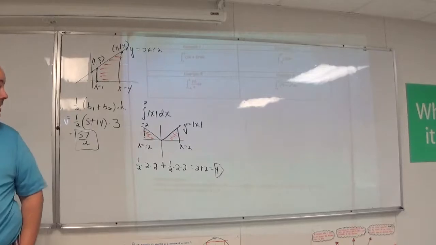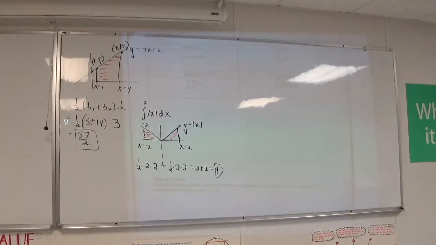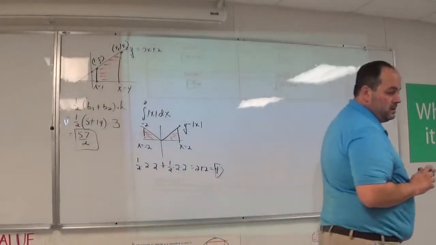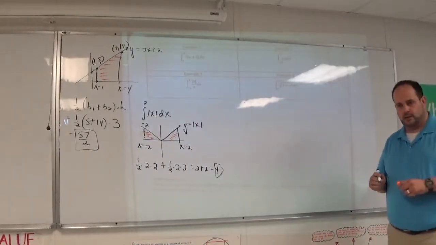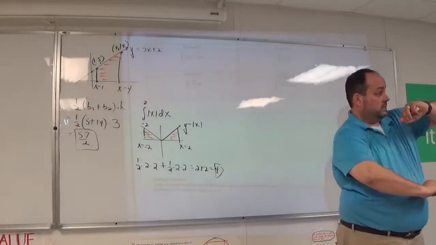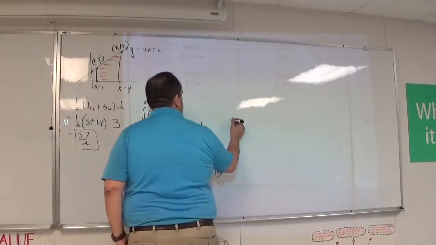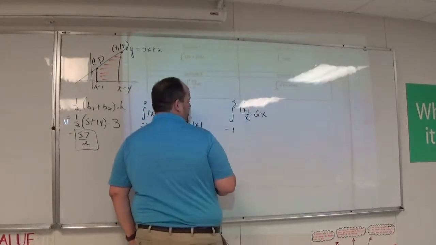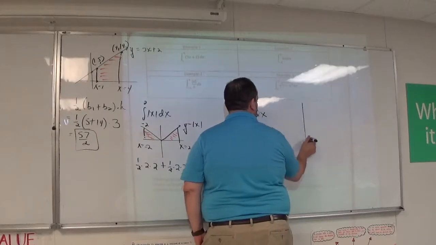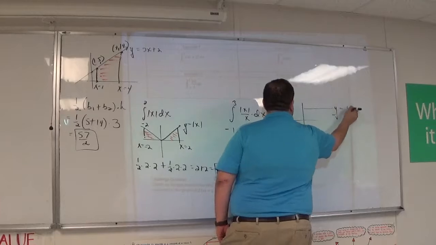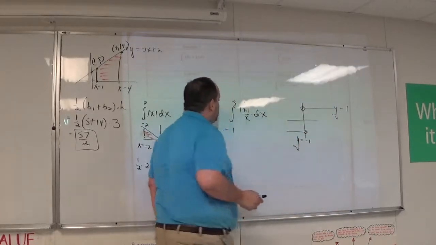Alright, number 3, graph, definite integral from -1 to 3, absolute value of x over x. It's been a while since we played with this guy, but I would expect you to know this. Jackie, what does it look like? Here's the graph, y equals -1 to y equals +1, open circle, open circle.